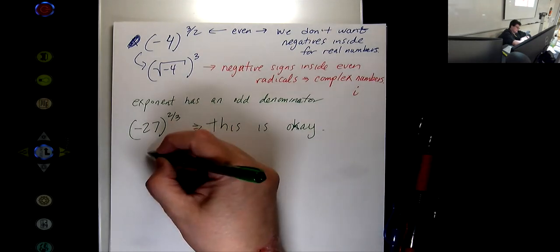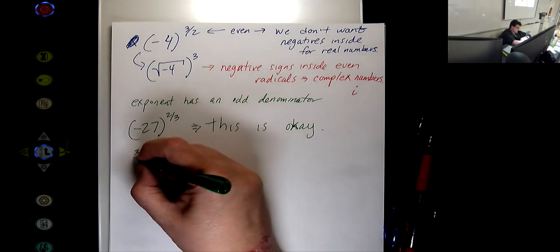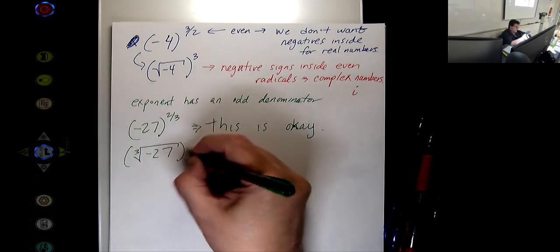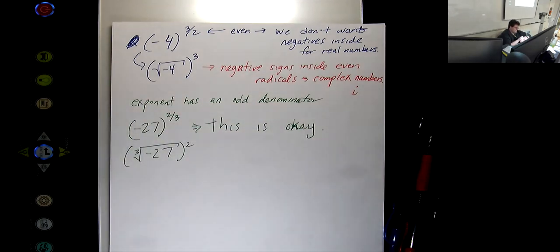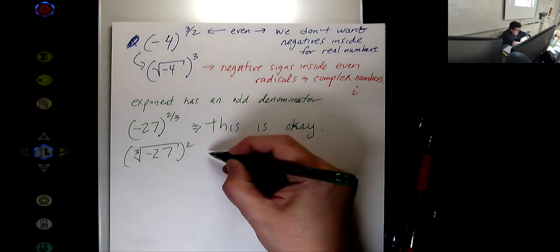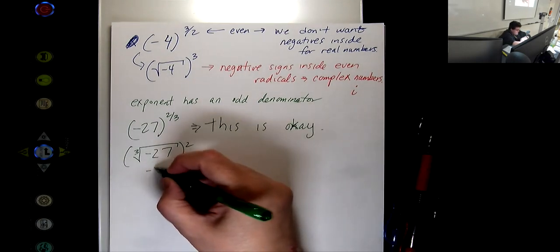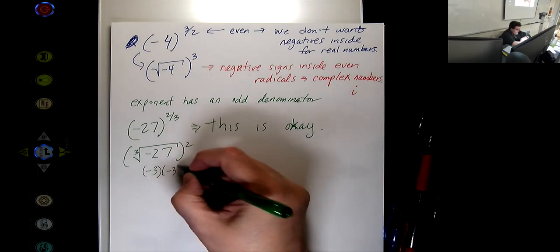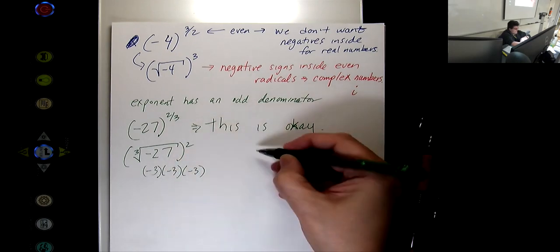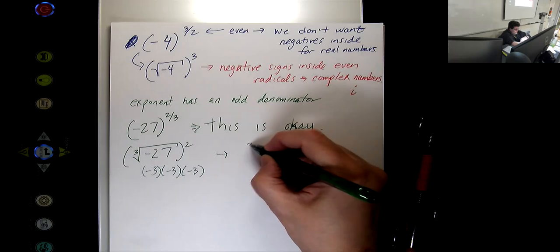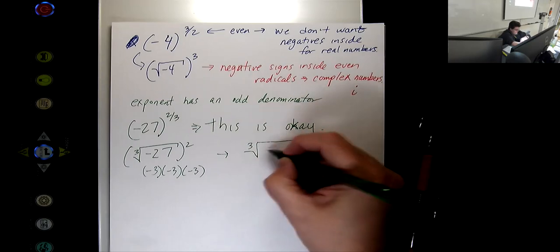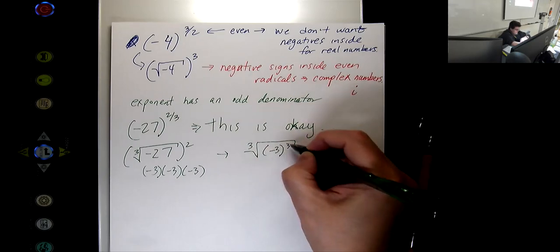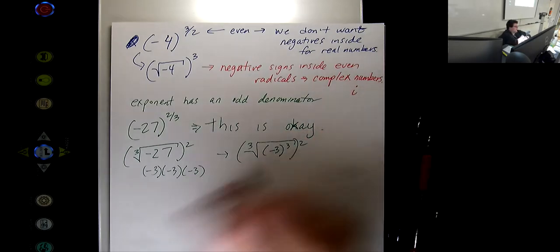This is -27 cube root, squared. And I can write -27 as -3 times -3 times -3. So I can write this as the cube root of -3 cubed, squared.